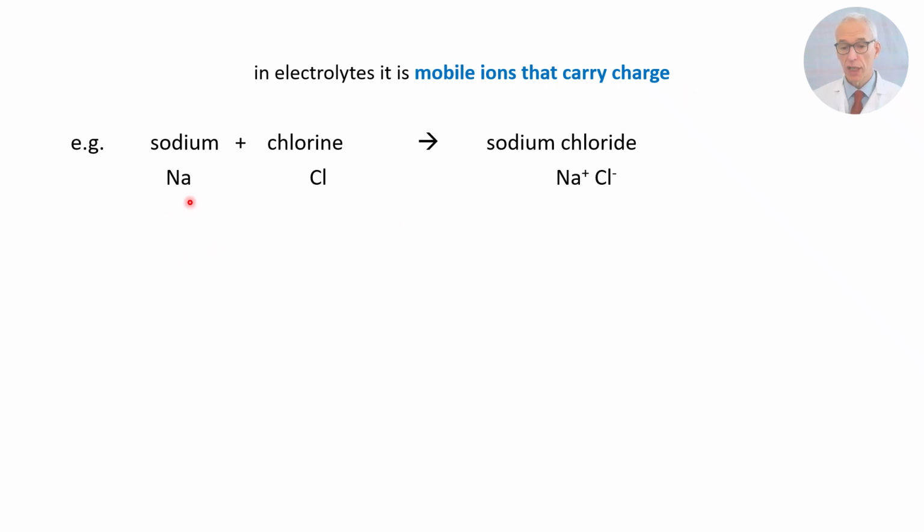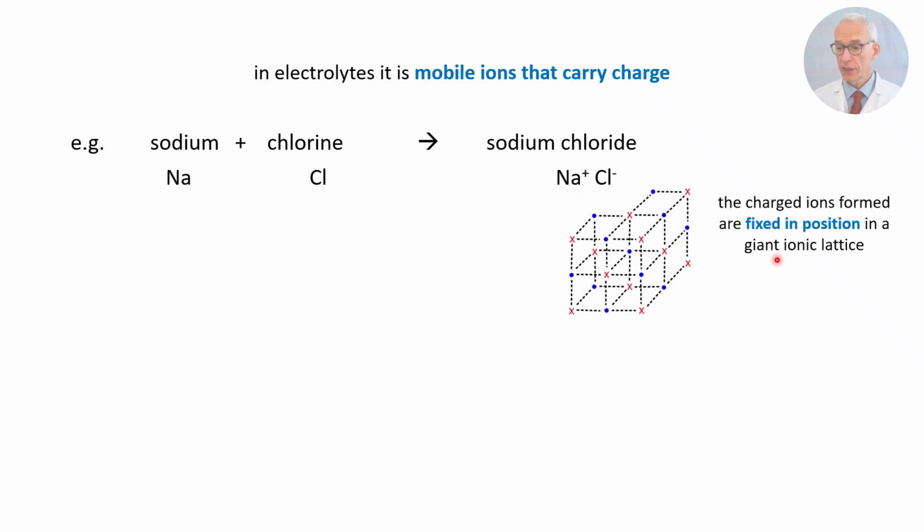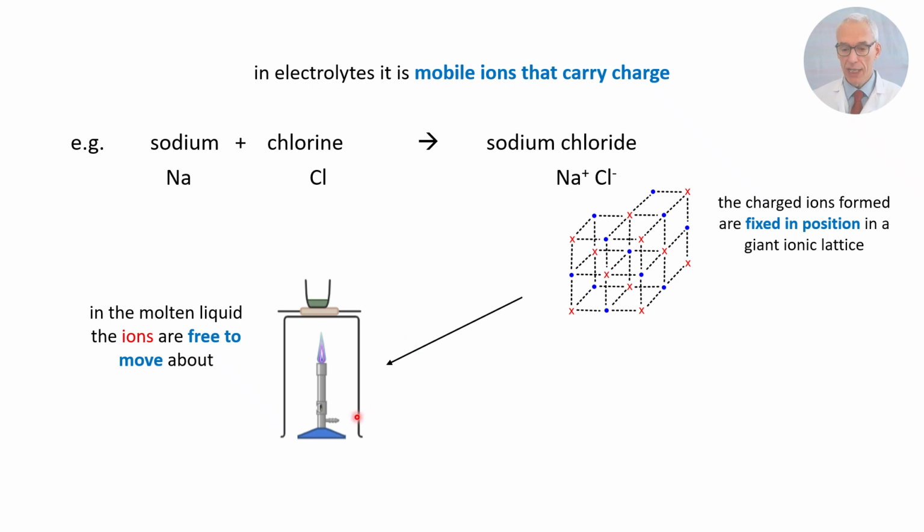So if we consider an ionic compound, sodium chloride, sodium a metal, chlorine a non-metal, forming sodium and chloride ions, positive sodium ions and negative chloride ions, as a solid, the charged ions are fixed in position in a giant ionic lattice. However, if we heat the ionic compound, the electrolyte, so that it becomes molten, the ions are free to move about.